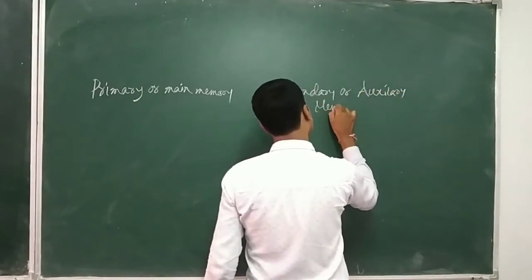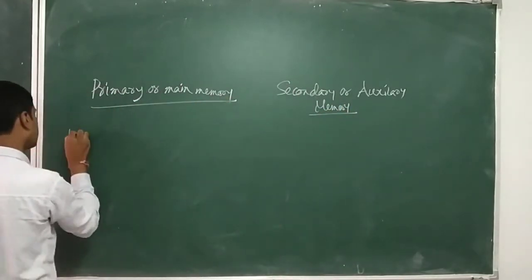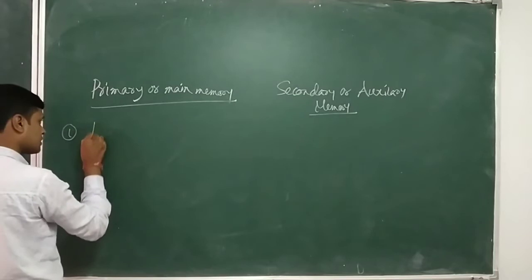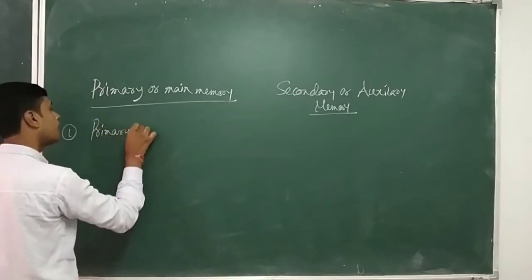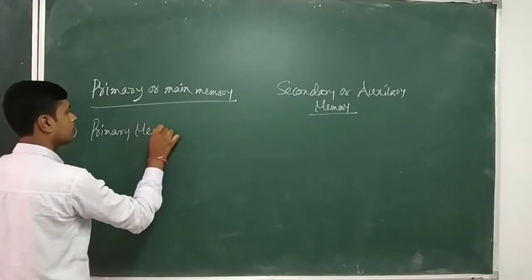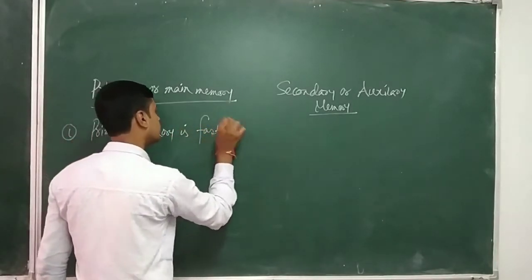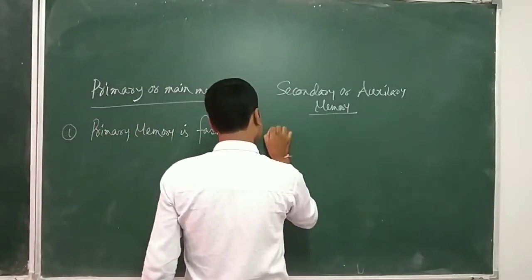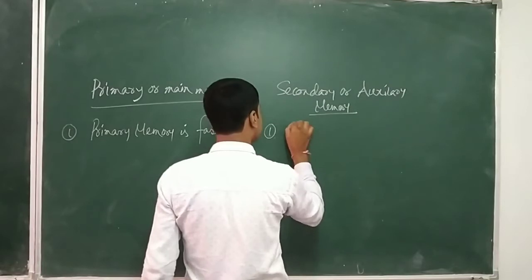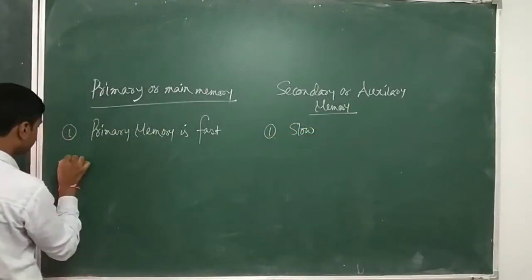Number one difference: primary memory is fast memory, whereas secondary memory is slow. This is called the slow memory.